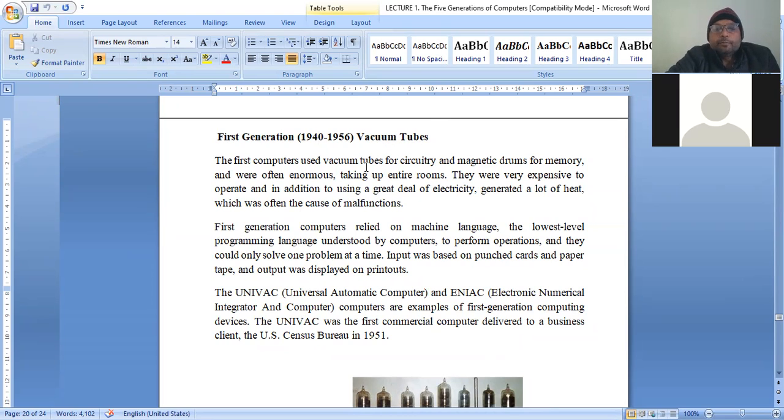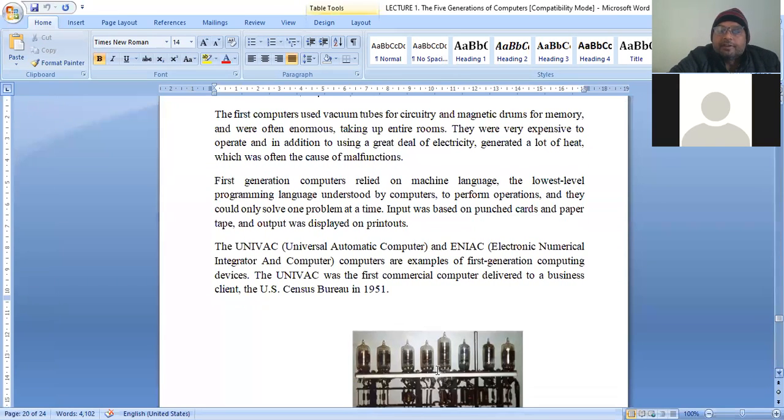A vacuum tube, you can look here, this is the picture of a vacuum tube. It was used for circuitry, and magnetic drum for memory. That means all the circuitry in the computer was created using vacuum tubes. It was large in size, so it took a complete room.